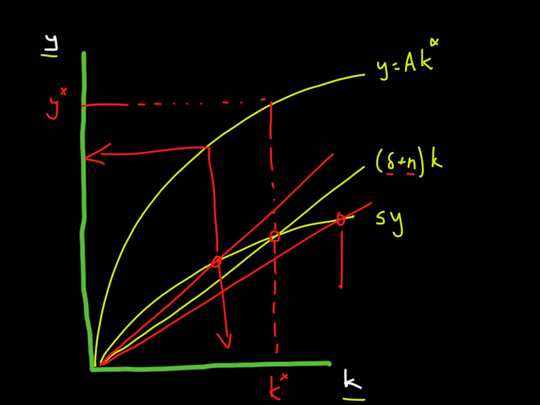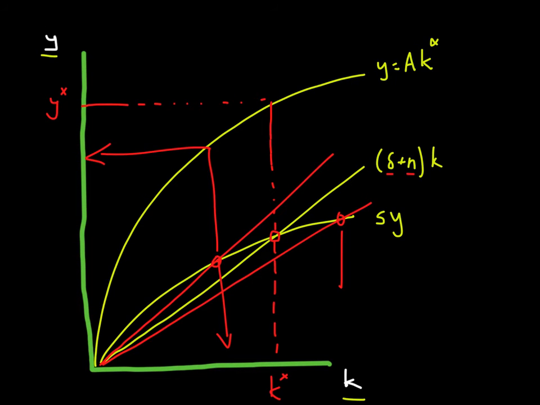Okay, so right now we are thinking about the steady state, and in that steady state, as we have seen before, the capital labor ratio is not changing, and therefore capital and labor are growing at the same rate. Now we know that labor is growing at the rate n, and therefore capital must be growing at the rate n.